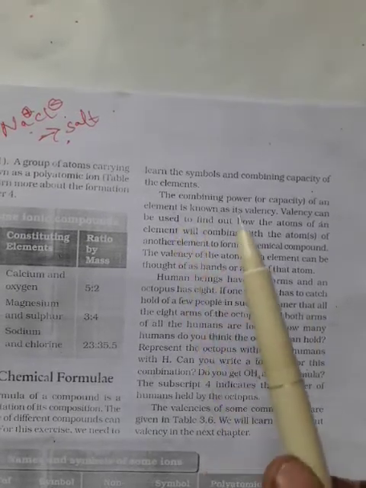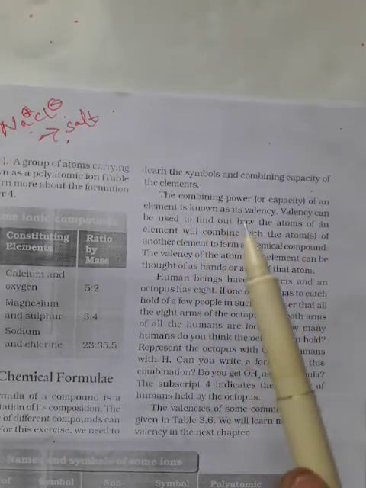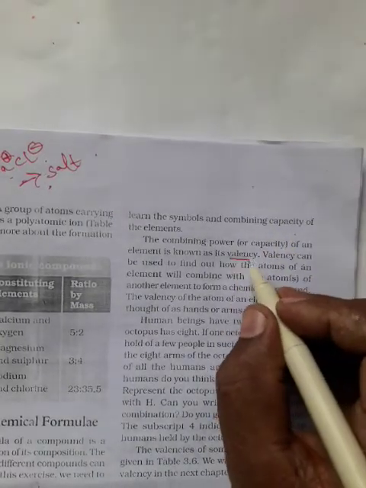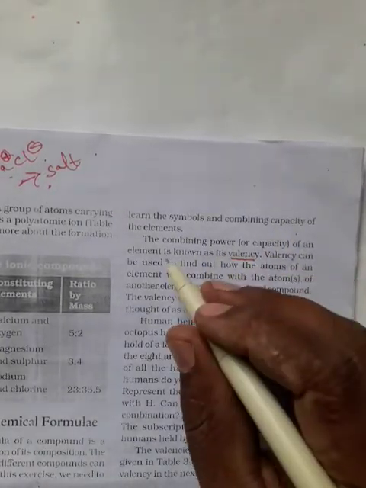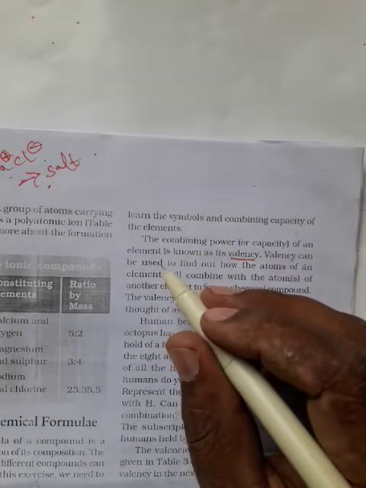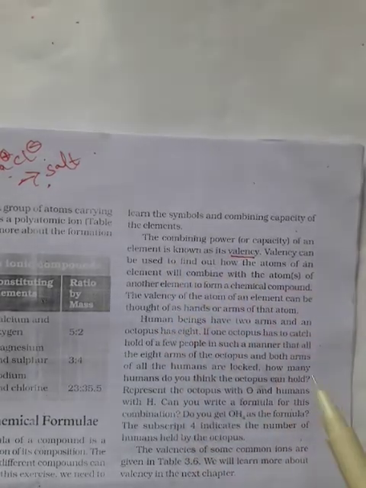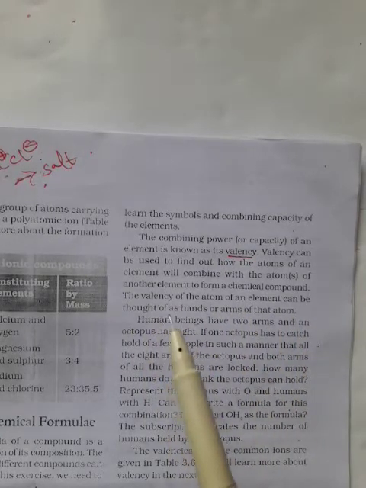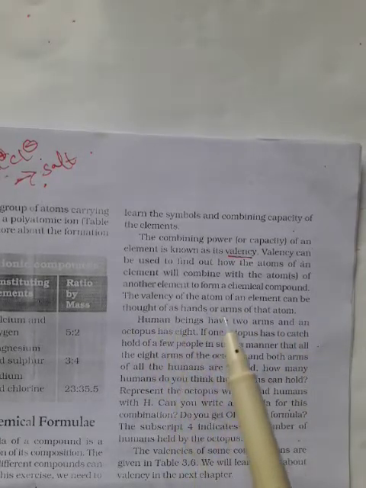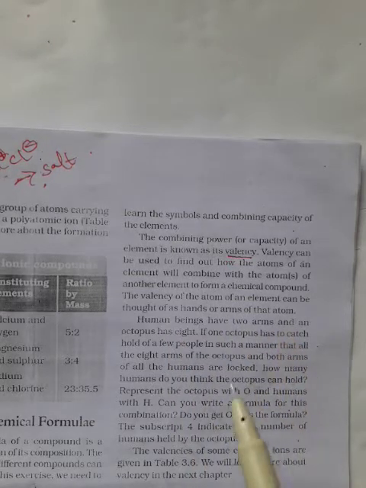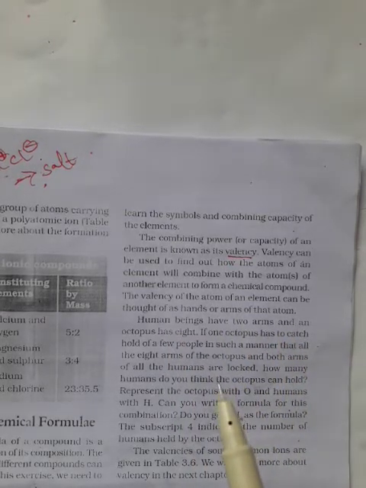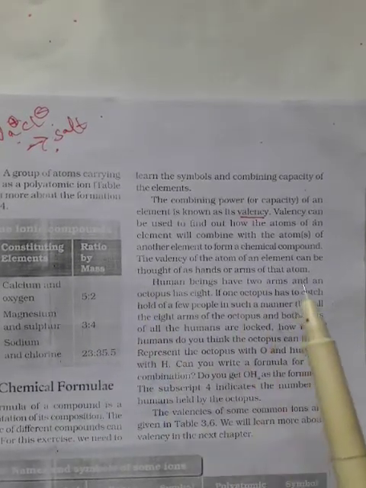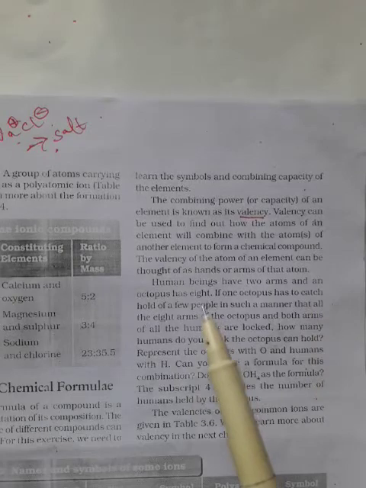The combining power or capacity of an element is known as valency. So we need valency for that also. What do you mean by valency? It is the combining power of an element, meaning how it will combine. The valency of an atom of an element can be thought of as the hands or arms of that atom. Let's take an example that has been mentioned here. Human beings have 2 arms, as we all know, and an octopus has 8.